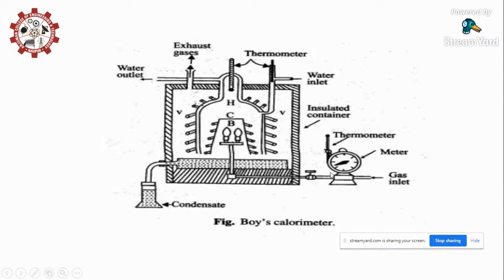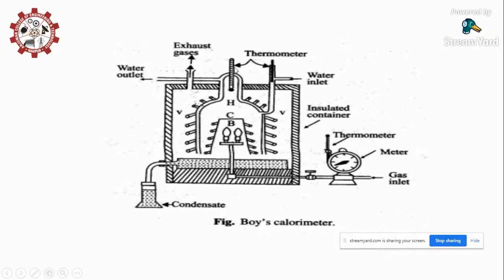We'll allow the gas to pass to the burner and it will get ignited. After ignition, the gases will be allowed to pass into the burner for a specific time, and they're going to produce a certain amount of energy and byproducts. The heat being produced is taken up by the water circulating throughout, so heat will be absorbed by the water in the copper tubings.